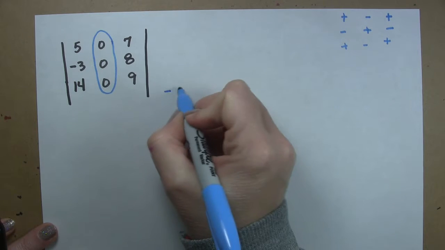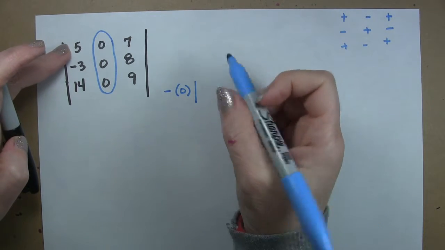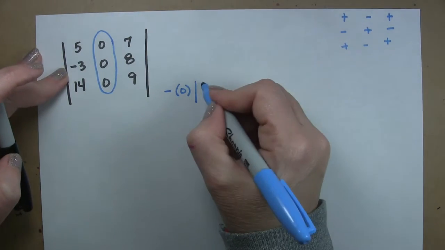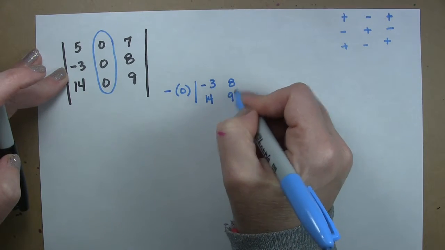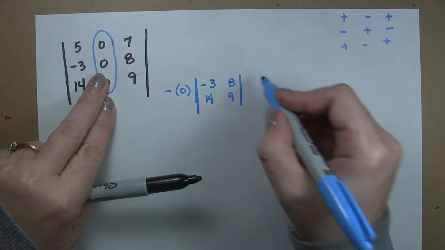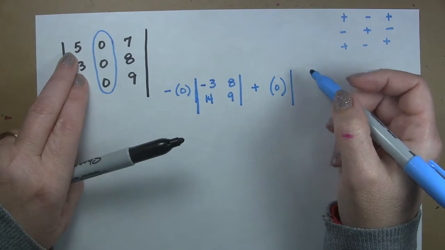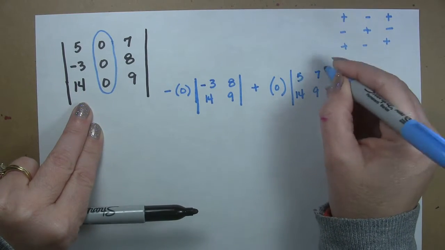So I start off with negative 0 times its minor, which is you cross off this row and you cross off this column. So you get negative 3, 8, 14, 9. And then we do a plus 0 times its minor, which is 5, 7, 14, 9.